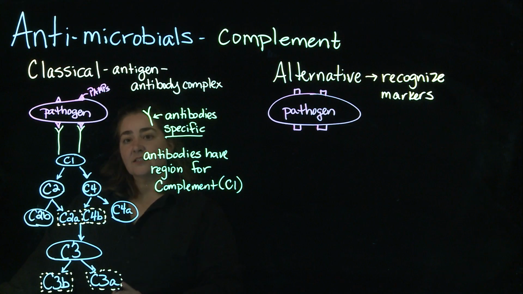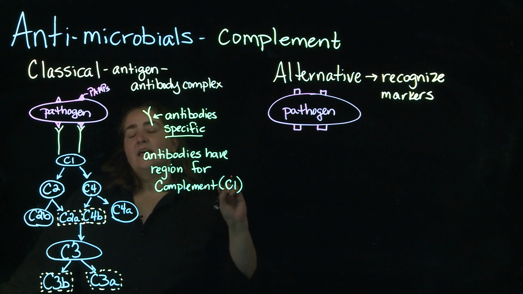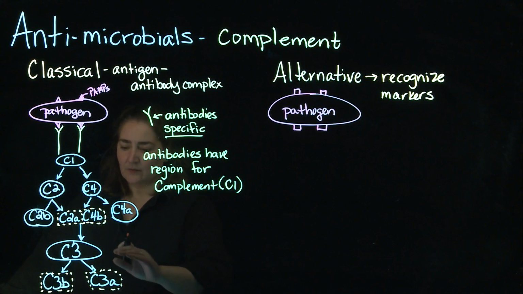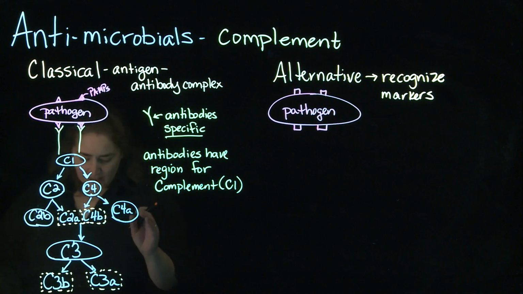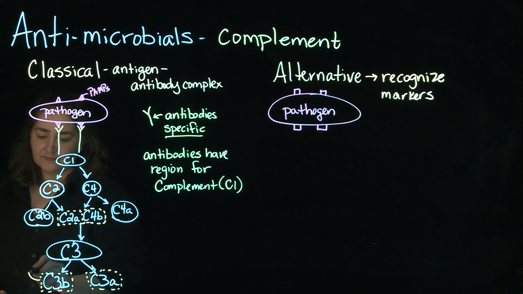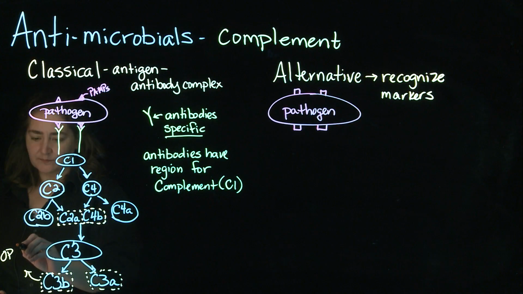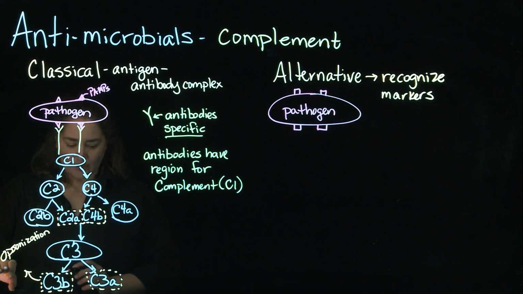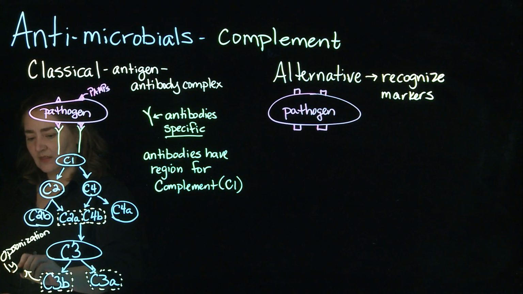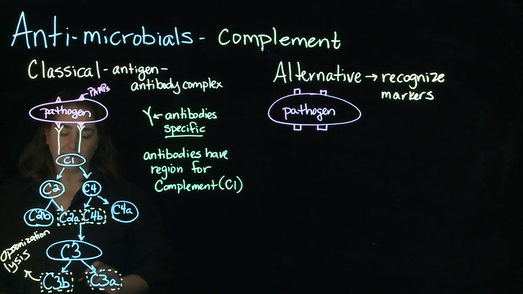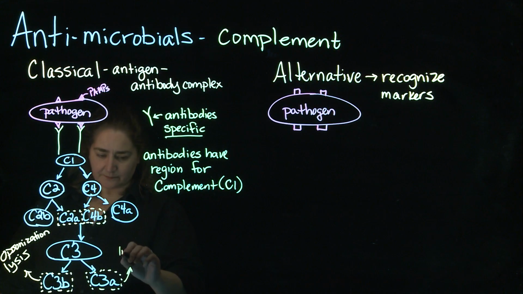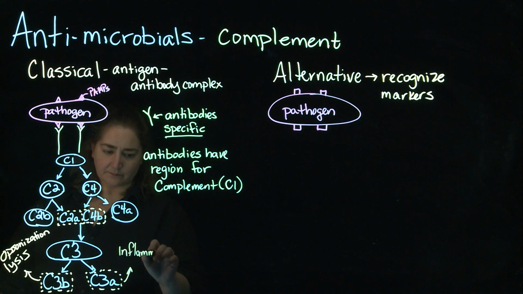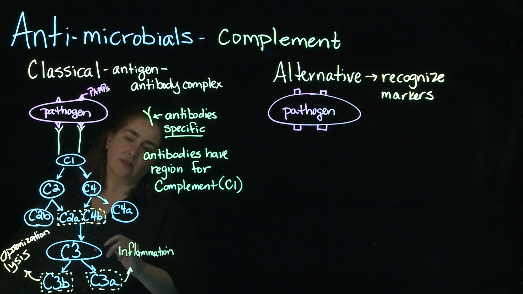And this is going to be the one that's important in activating our innate immune response, because once C3 is activated, you will trigger either the process of opsonization with 3B or cell lysis. 3A can actually be one of the triggers that starts your inflammatory response as well.